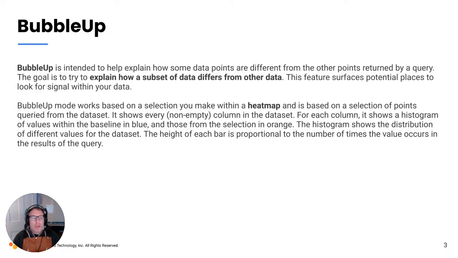What we really are doing here, like I said, is allowing you to select a region of data to get those data points and ask that general question. What's different about it? This operates on what we call a heat map. You're probably familiar with heat maps. Of course, we have our heat maps as well. And so that's definitely something to level set on. As you select these sections in your heat maps, we do have other forms of visual, graphical notations to help you understand what's going on in your event data.